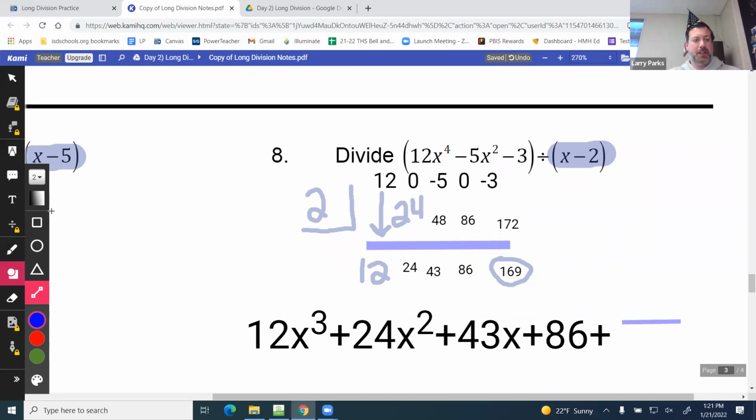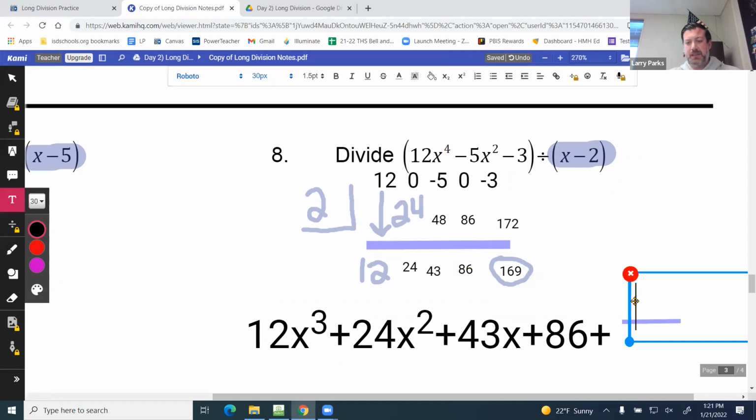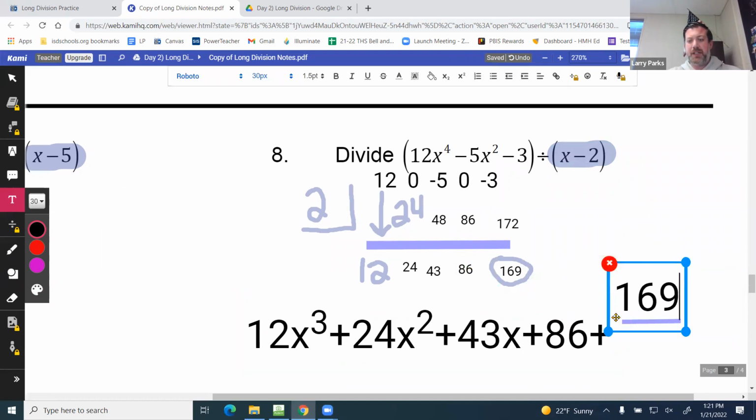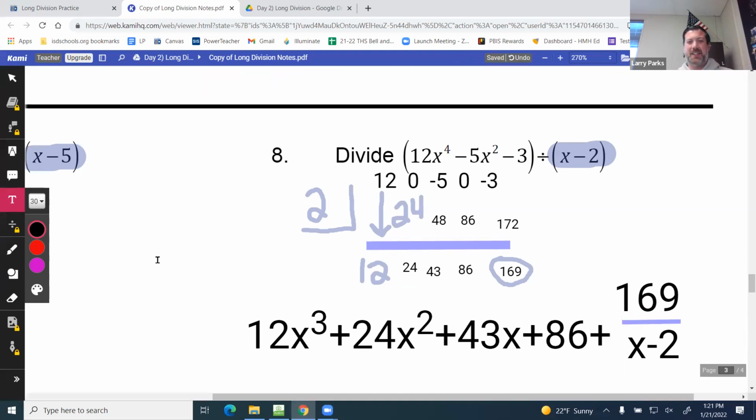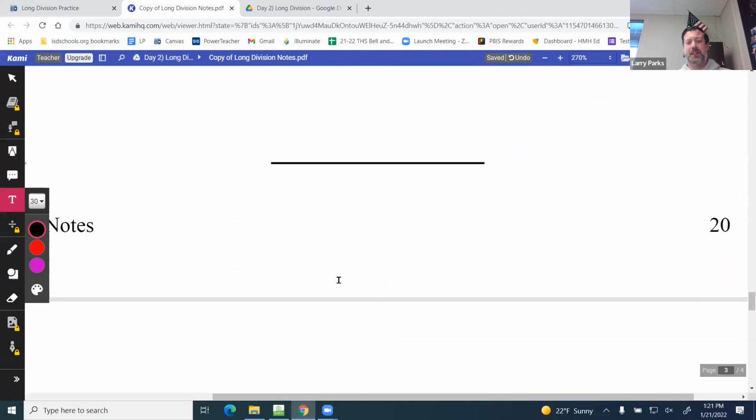On top, I'd put your remainder. And on bottom, you put your divisor, x minus 2. So the question is, what's the remainder? Okay, so this is called synthetic, but again, you could just put synthetic.